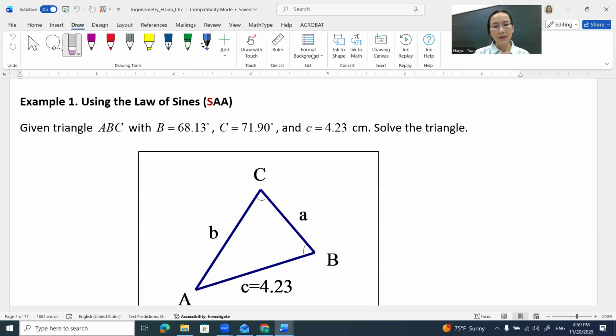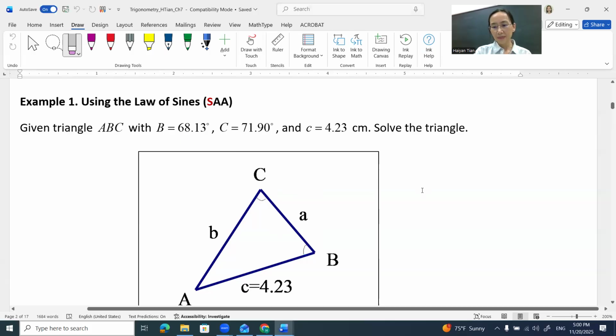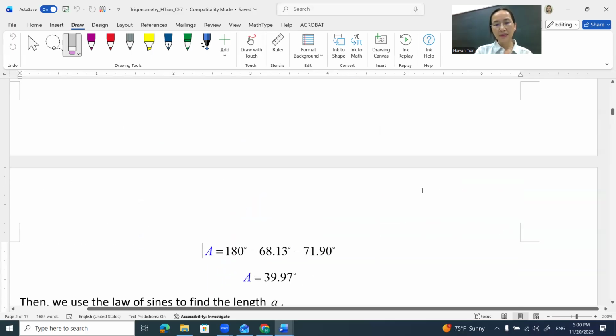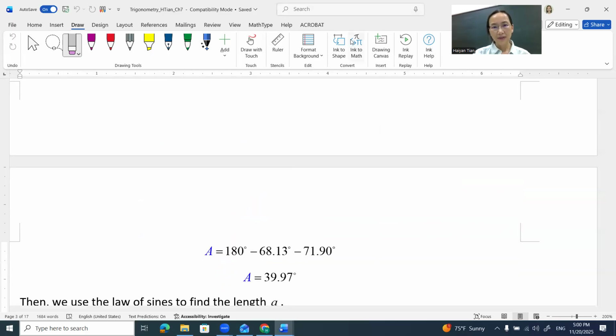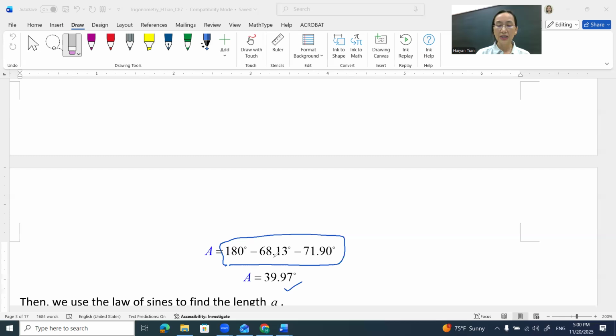You see B is 68.13 degrees. C is 71.90 degrees. And then we just determine A. After we subtract B and C from 180 degrees, we get A, which is 39.97 degrees.